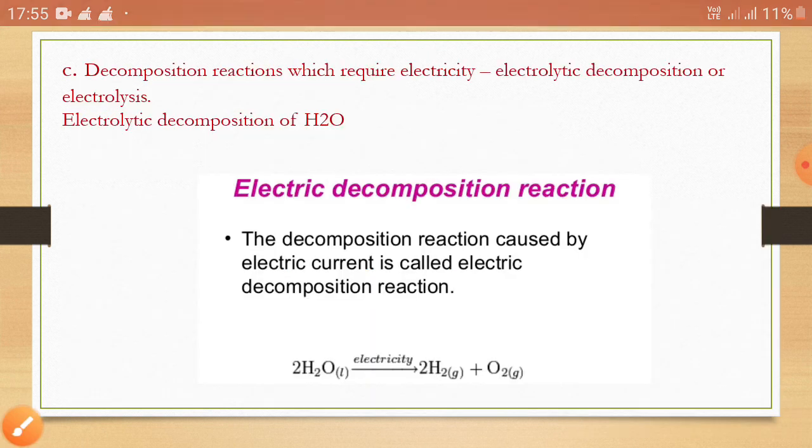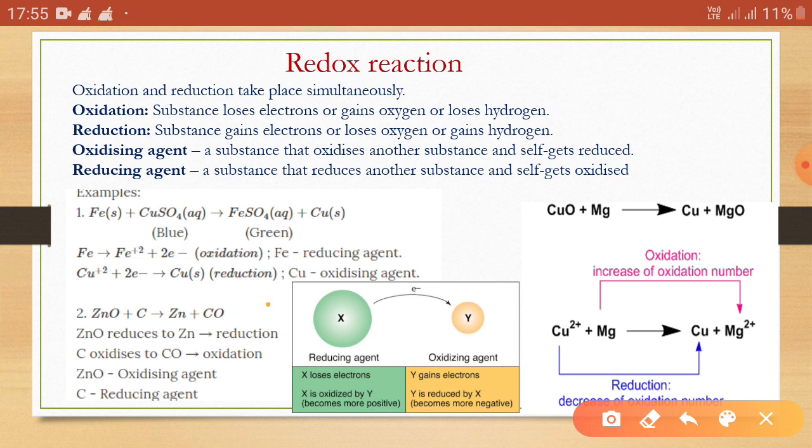To give you a better idea, we are taking another example. Suppose ZnO reacts with C. ZnO, zinc oxide, reacts with carbon and gives us zinc and carbon monoxide, CO. So here ZnO reduces to Zn, so it is a process of reduction as oxygen is lost, and C oxidizes to CO as it gains oxygen, so it is the process of oxidation. Okay, clear?